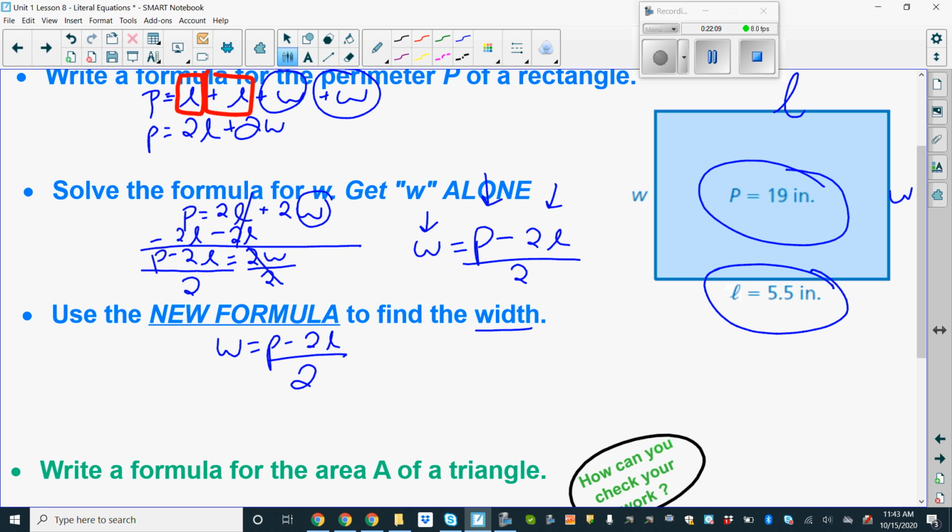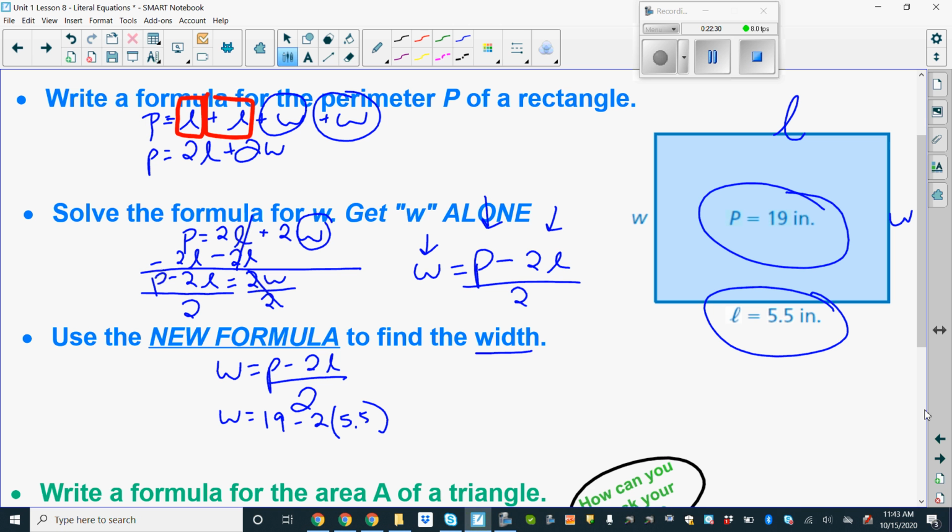So when we have to solve for missing pieces of information, we use substitution. So we know P, so we're going to substitute P with 19 minus 2, and L is 5.5. So we're going to replace L with 5.5. Wherever we saw the P, we had to replace with 19. Wherever we saw the L, we had to replace with 5.5.